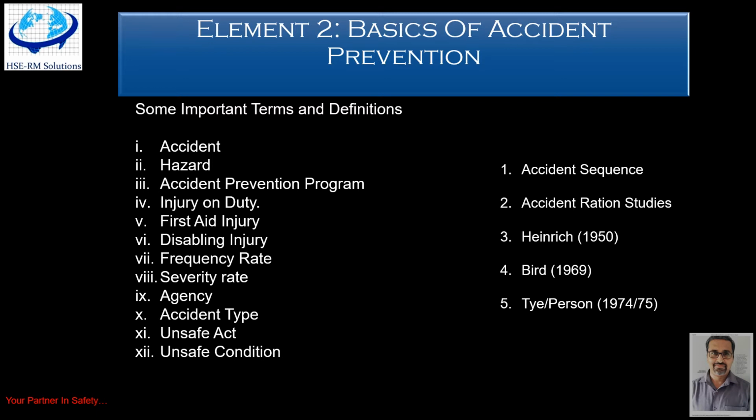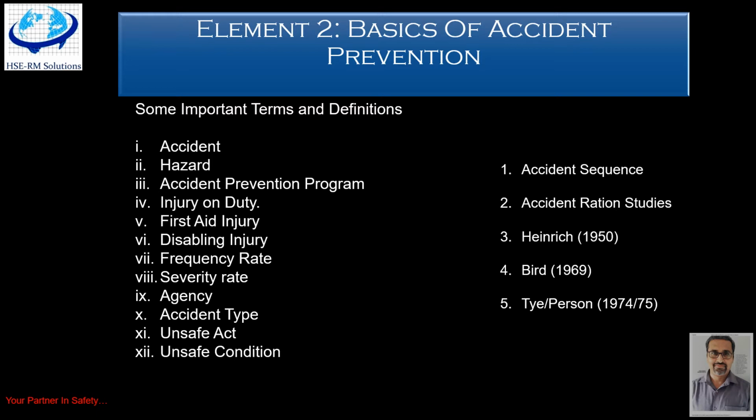Now, when we are moving forward, some of the terms that we are going to talk of are very simple. First, accident. So what is an accident? Any unplanned event that interrupts or interferes with the orderly progress of activity.